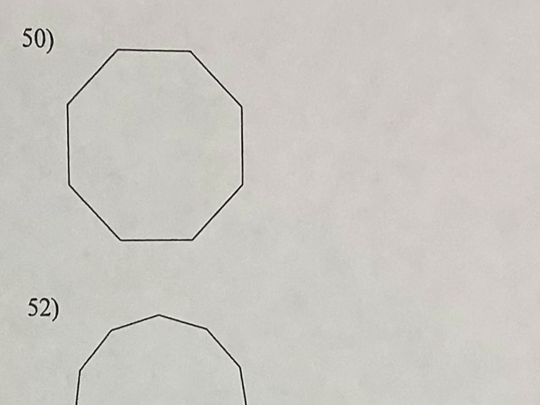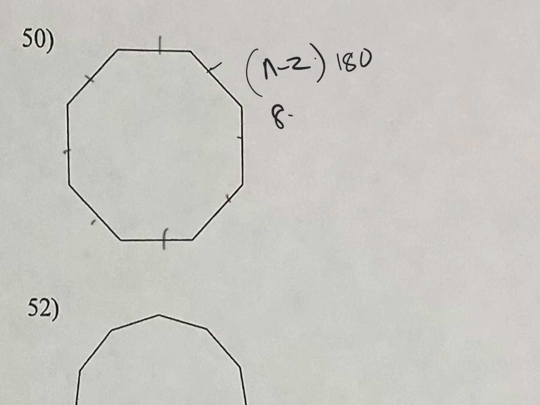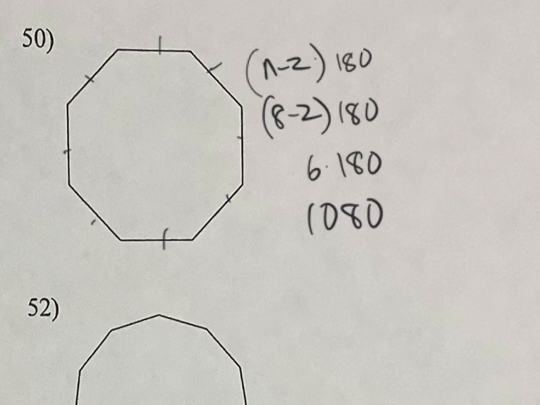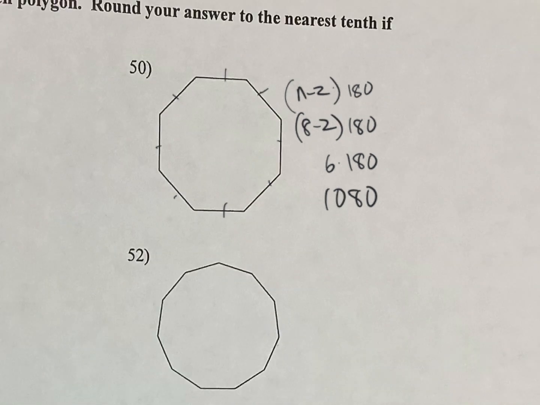So on this one, you're just doing n minus 2 times 180. So 1, 2, 3, 4, 5, 6, 7, 8 sides. 8 minus 2 is 6. 6 times 180. 1080, sorry. Yeah, that's right. All right, so that's all you had to do on that group.